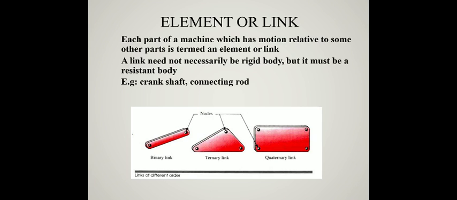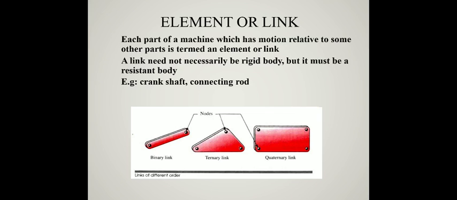Now what is an element or link? In the study of kinematics, it is a simple thing, means a part or a solid part which must have, listen carefully, relative motion to some other part or some other rigid body.